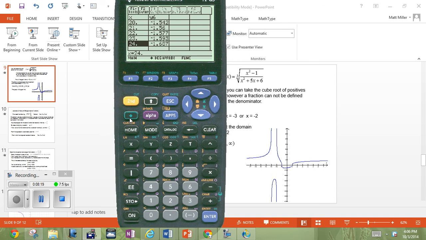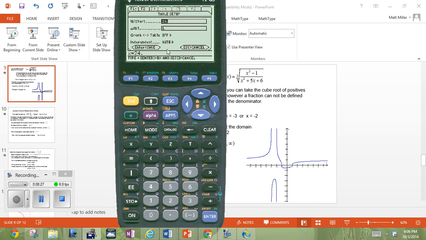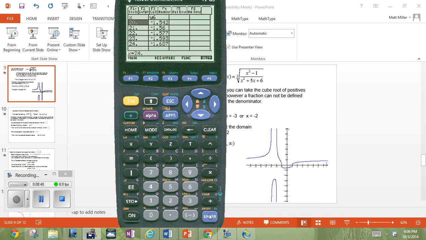Here's a better way. Go back to diamond F4, and let's take this option. We're going to come down to where it says auto, and we're going to take the ASK option, okay? Now, just select that and enter, and now you're going to be able to key in the values of x you want.